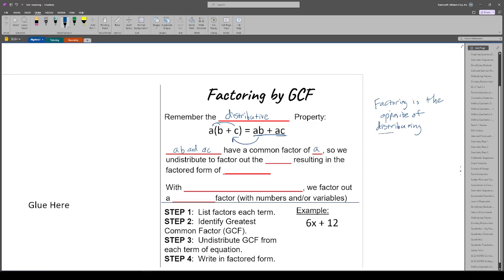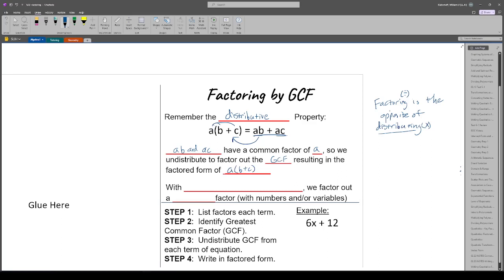Distributing is polynomial multiplication, and factoring is polynomial division. They are opposites, just like multiplying and dividing are opposites. So if we start with ab and ac, we have a common factor of a, so we can undistribute to factor out that GCF, resulting in the factored form a times b plus c.